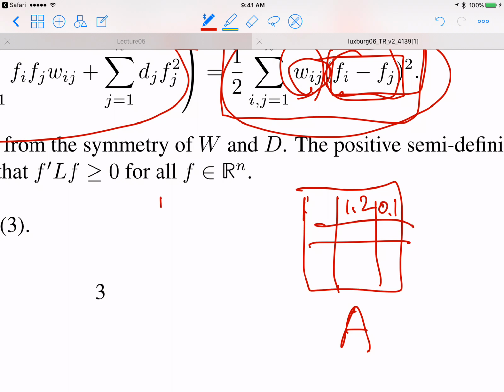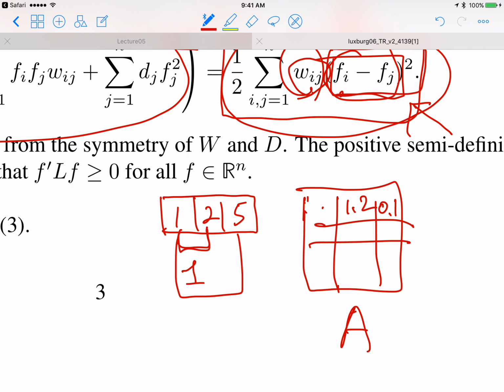Our vector f was maybe 1, 2, 5, and this equation says that between different i, j, we take the difference. So between these two we have 1, and between these two we have 5, and we consider the difference between them. We consider the square of these differences, and then we weigh these values by the corresponding edges.